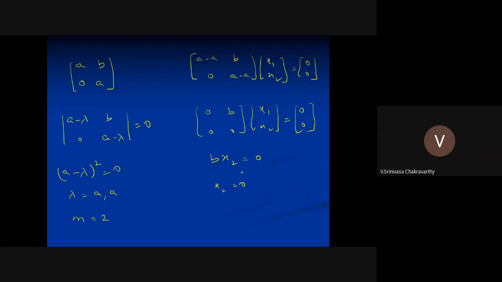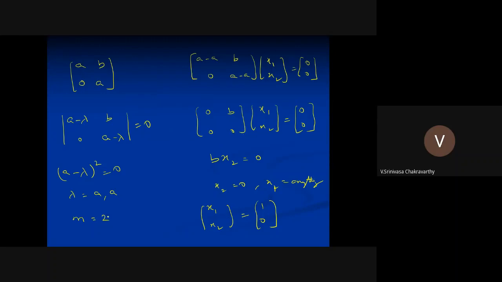From the first equation, it says you have x2 equal to 0, and x1 can be anything. So you can take the normed case and have the vector as x1, x2 is equal to 1, 0. Okay, so that gives you one eigenvector, but what about the other one? So there's only one eigenvector.